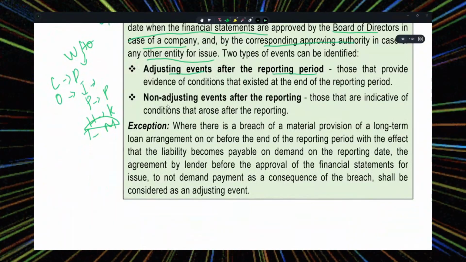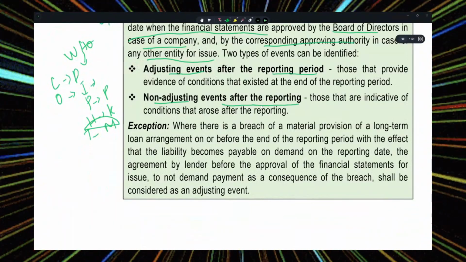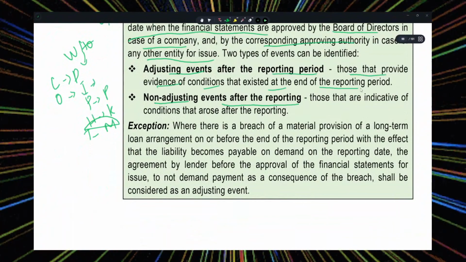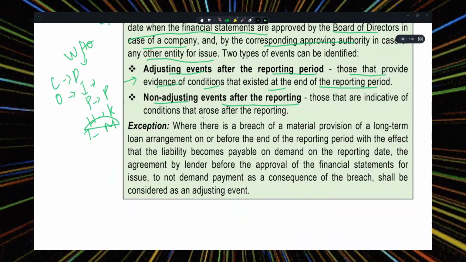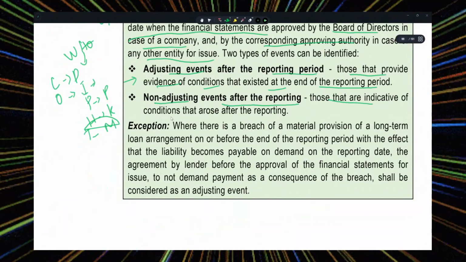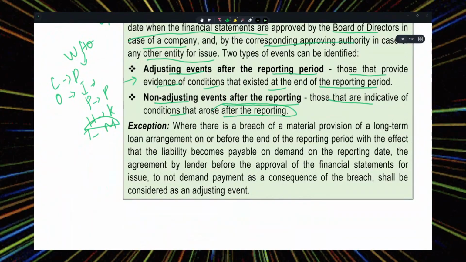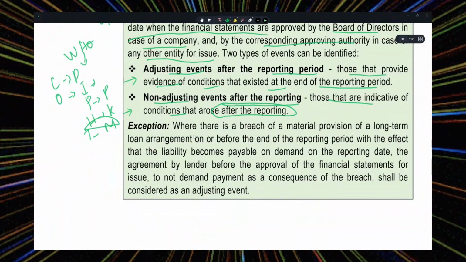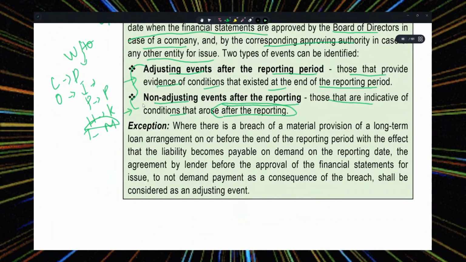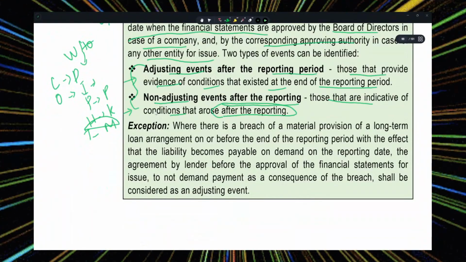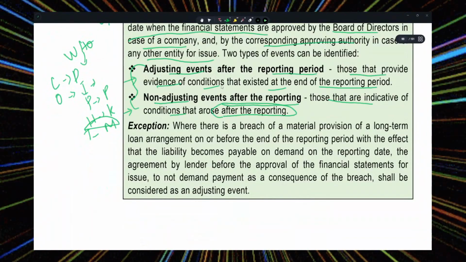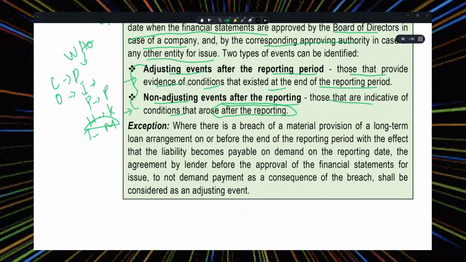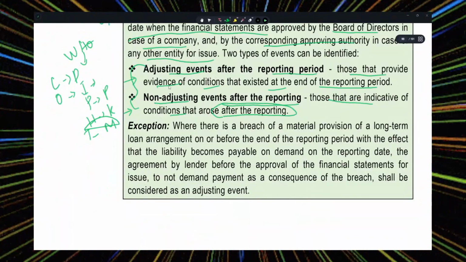Adjusting events after the reporting period and non-adjusting events after the reporting period. What is an adjusting event? Those that provide evidence of a condition that existed at the end of the reporting period. So they have evidence, indicative of a condition that arose from the reporting period. We will see that in detail in the explanation. For an adjusting event, we definitely need to adjust and disclose, and report what has happened.